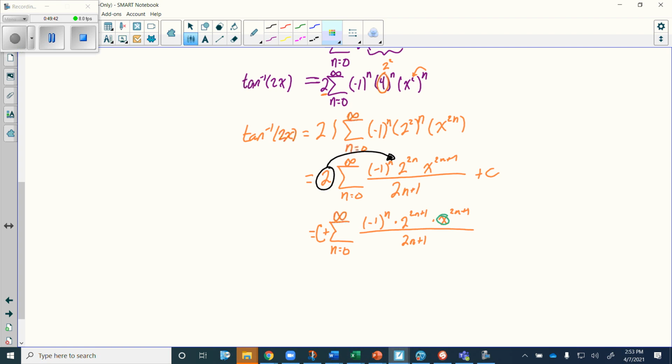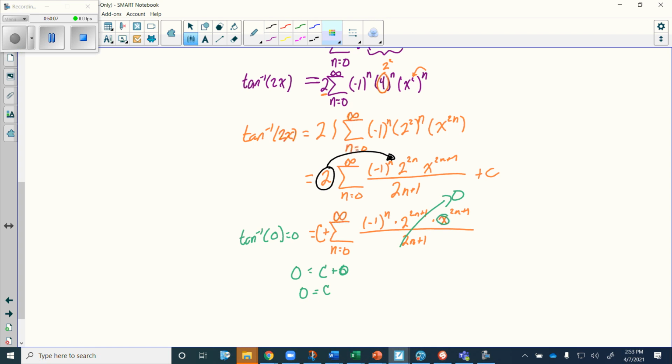If x is equal to 0, then this whole thing goes to 0. And if I have tan inverse of 0, that also equals 0. So I wind up with 0 equals c plus 0, so that means c is equal to 0. So c is equal to 0 in this case.